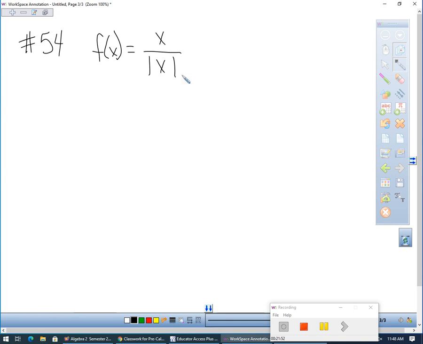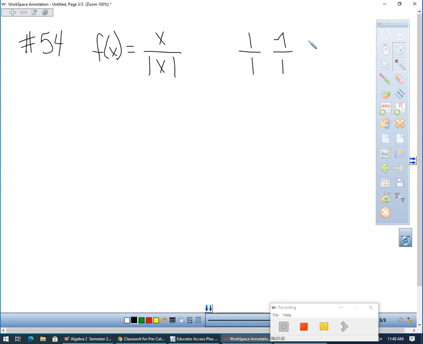What is the range? So remember, range is always the values you get, right? And no matter what, our range is going to fall between what and what. So let's just test them, right? If we say x is 1, we get 1 over 1. If we say x is negative 1, we get negative 1 over 1.